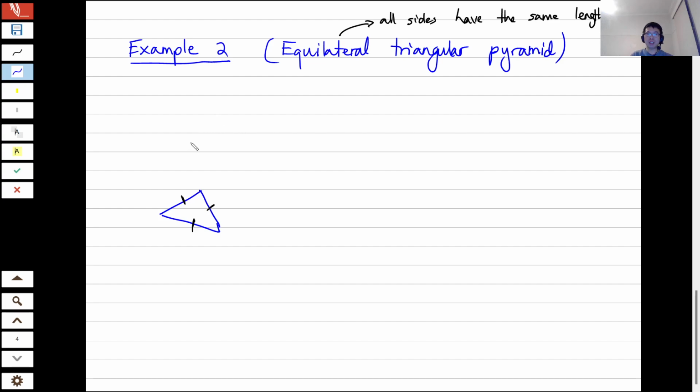And then the pyramid looks something like this. So I'll do the back with a dotted line. And let's say the side length of each part of the equilateral triangle is 9 meters. And the height of the pyramid, let's say that's 12 meters.